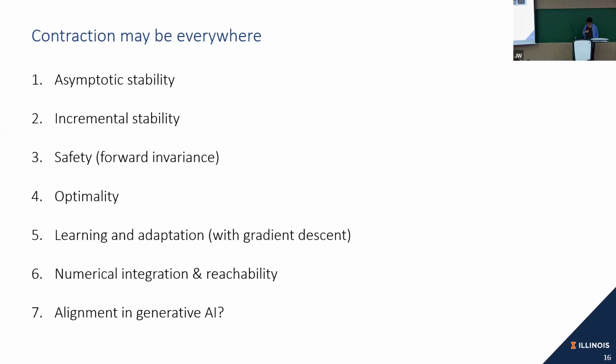And numerical integration, reachability, as I mentioned earlier, this concept has a similar structure, dynamical system plus some sort of convergence. So what I'm trying to say here is that as long as there's some sort of convergence, contraction theory in the broad sense could describe such phenomena.